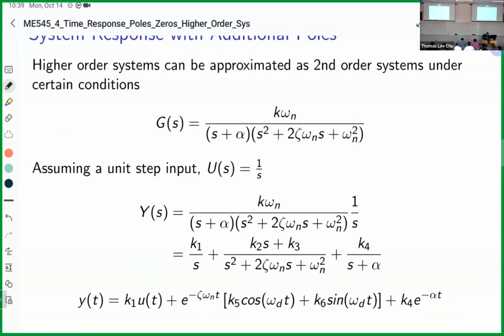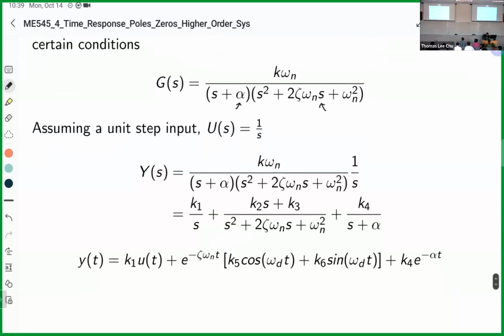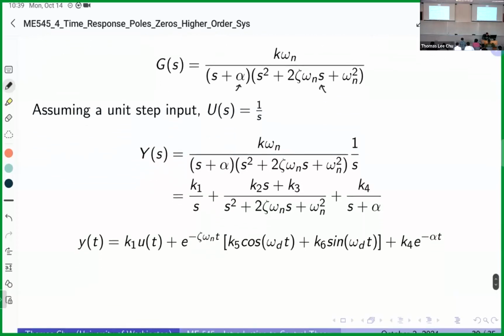where we have this transfer function with a single pole at minus alpha, and then a pair of complex conjugate poles here. Assuming we have a step input, we can do partial fraction expansion, and once we take the inverse Laplace transform, we get some generalized form right here.